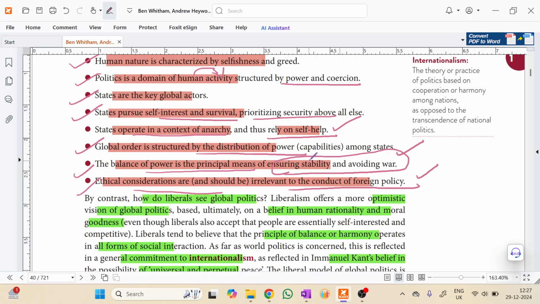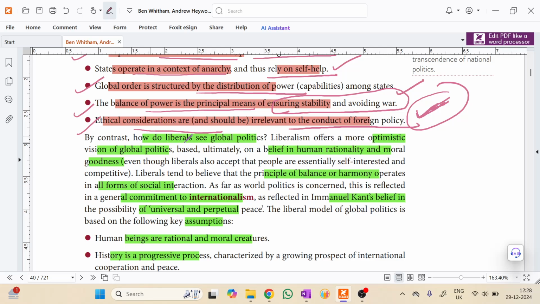Or even if you draw on your idea from non-violence or non-initiator, some other actor may resort to such violent tactics, and in that case you need to respond to them. So here ethical consideration above a certain level is definitely irrelevant to the conduct of foreign policy.